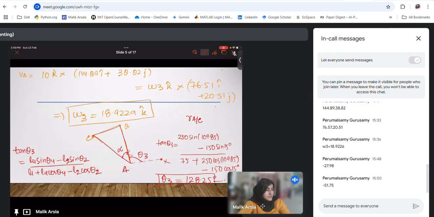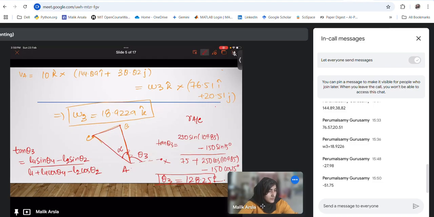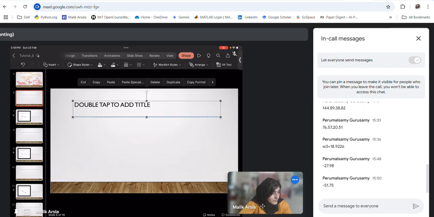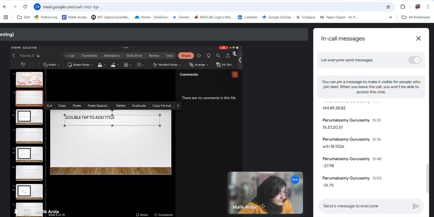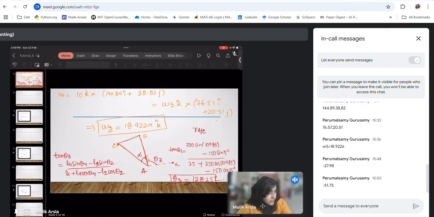Okay, let me insert another slide here. So now we have found out theta 3.